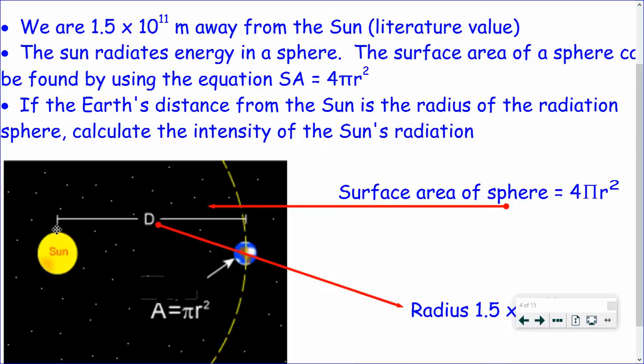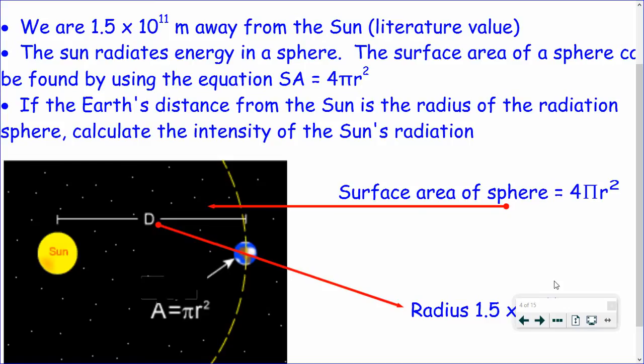And if we think about the distance we are away from the sun as the radius of a sphere, we can calculate the actual surface area of that sphere using an equation you've probably seen in geometry. Surface area of a sphere is found by multiplying 4 times pi times the radius squared.